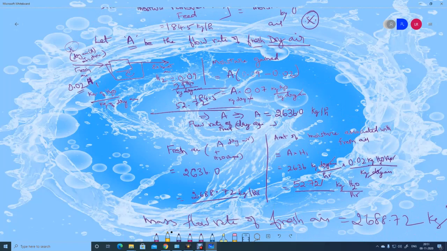What will be the amount of moisture present in the entering air? The air has humidity of 0.02 kg of water per kg of dry air. So 0.02 multiplied by A gives the moisture in the feed air. Similarly, the exhaust humidity is 0.09, so 0.09 multiplied by A gives the moisture present in the exhaust air.